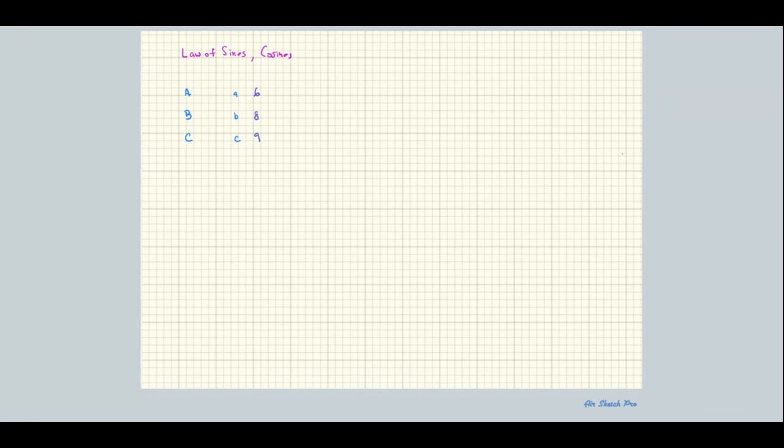This is obviously the law of cosines, right? And this is the law of cosines form where we're going to solve for the angle again. So let's go for this.